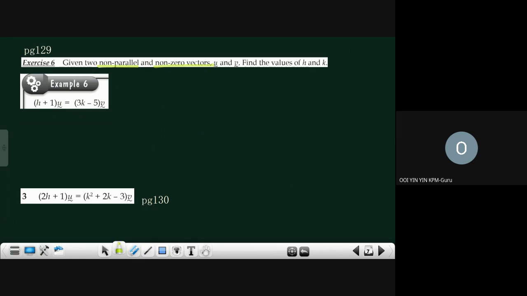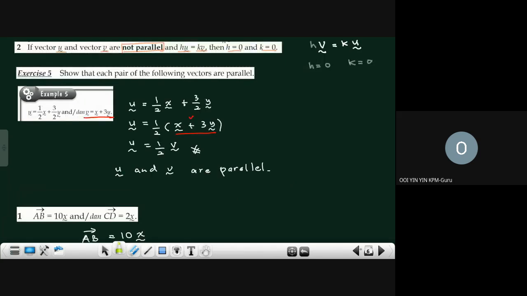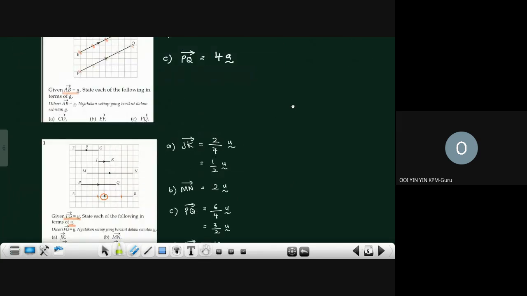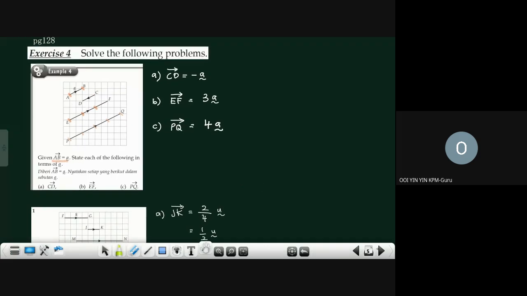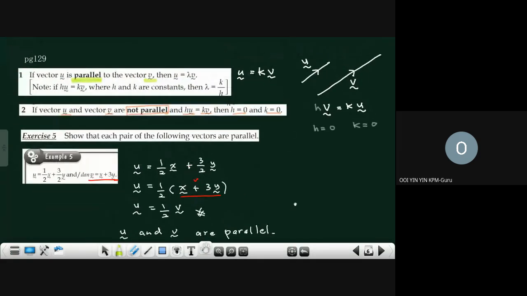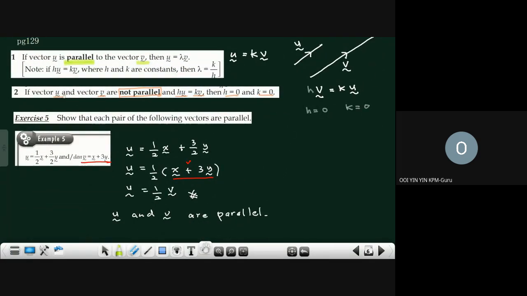Now, do you still remember the properties of non-parallel? We go back to the previous slide, the second one. If vector u and vector v are not parallel, then when you write down hu equals kv, your h and your k will both be equal to 0, because basically they are not the same.